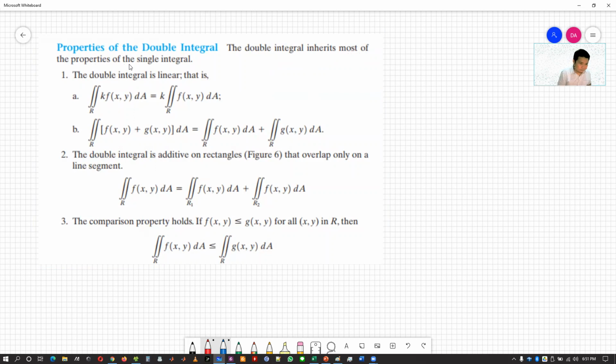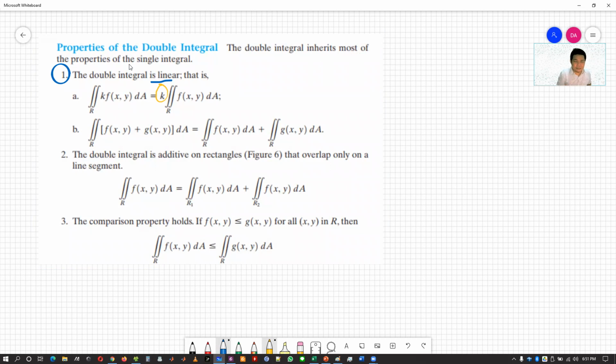First of all, the double integral is linear. What does that mean? If you put a constant k in front of the function, you can take it out of the integral, just as it is.